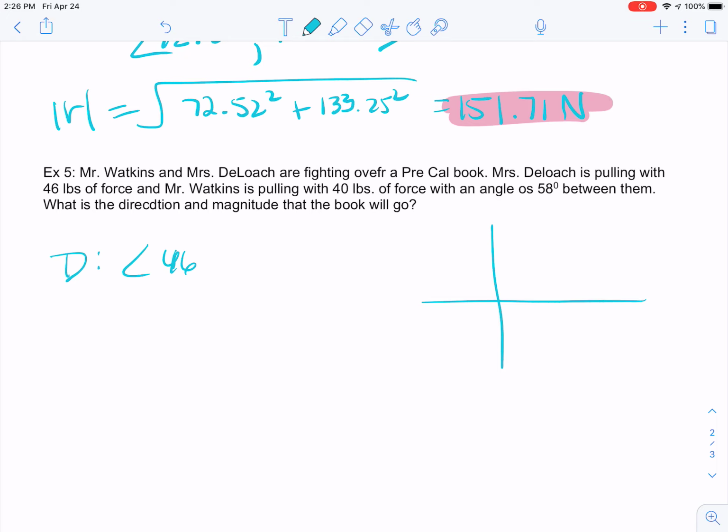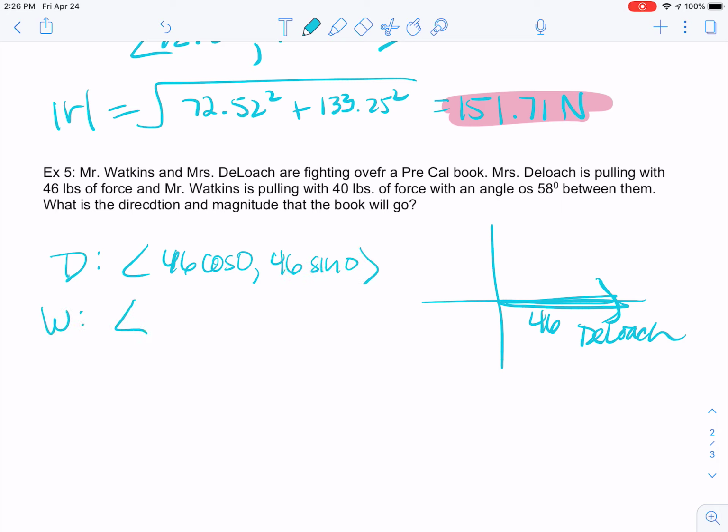So what we have to picture is Deloach here at 46 pounds. We'll put Deloach here. And what am I pulling? Okay, 46. Stronger than him, of course. So I'm going to put me at 0. 46 sine 0. And then Watkins, there's a 58-degree angle between us. So we're going to put Watkins here.